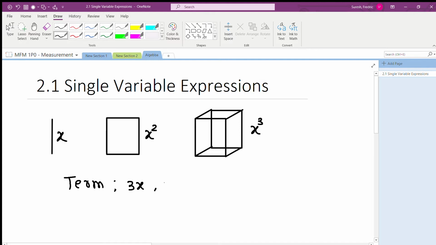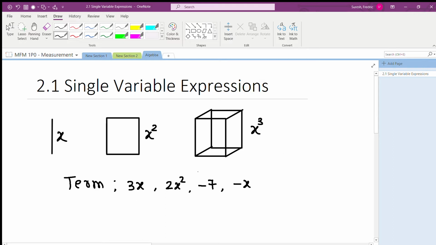Or you can have 2x squared. That is a term. Or you can have a very simple number, -7. That can also be a term. You can also have terms that look like this, -x. That is a term.